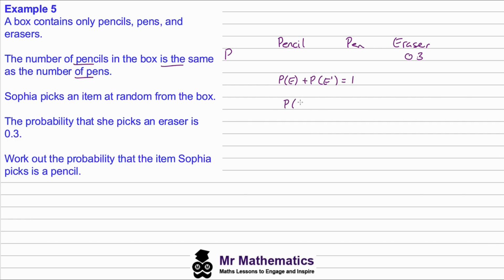So the probability of not getting an eraser will be 1 minus the 0.3, which is 0.7. And because the two probabilities are equal, the probability of getting a pencil will be half of that, 0.35. The same for a pen. So the probability of getting a pencil will be 0.35.